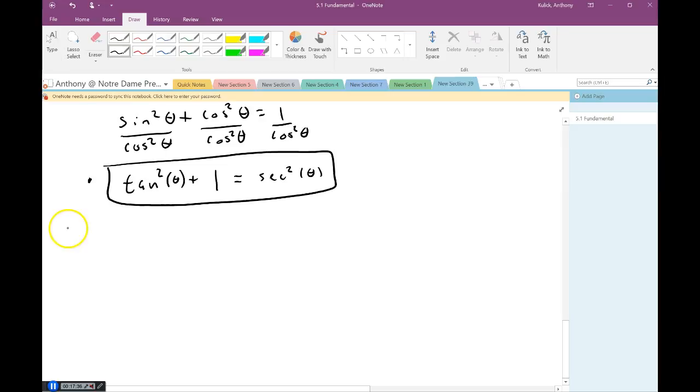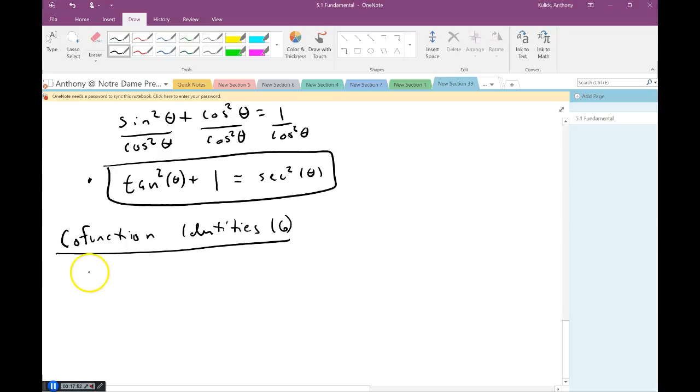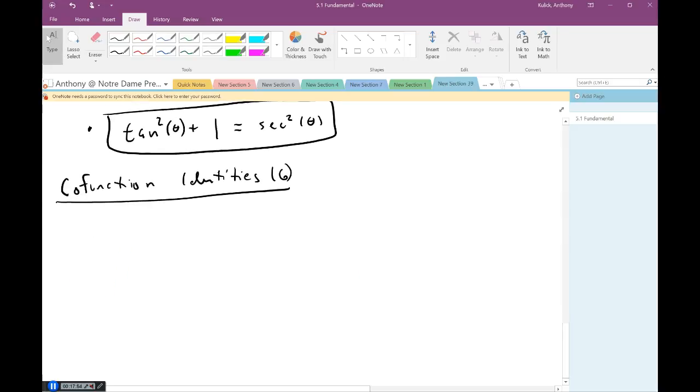The next set are called the cofunction identities. And there are 6 of those, I believe, right? To prove this, I'm just going to show a graph for the first one, and then I'm not going to prove the rest of them because it's the exact same idea.